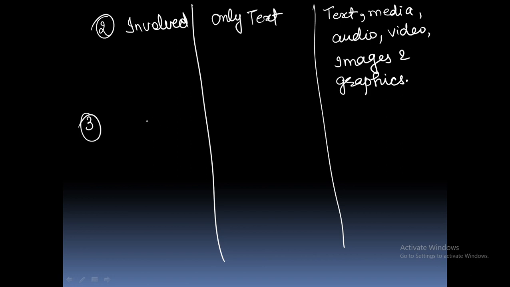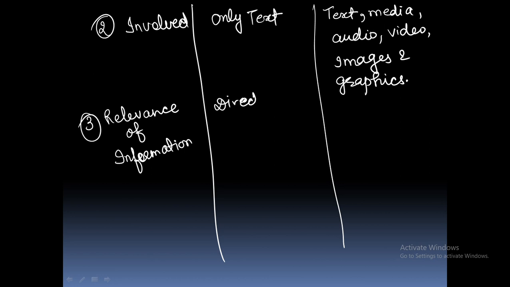Now, third difference is according to information relevant. Relevance of information. How much relevant information? Hypertext directed information generates related information.